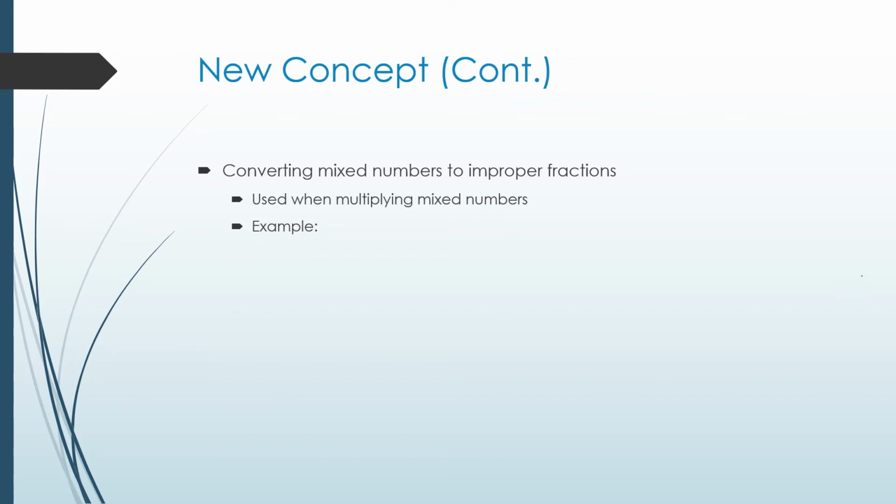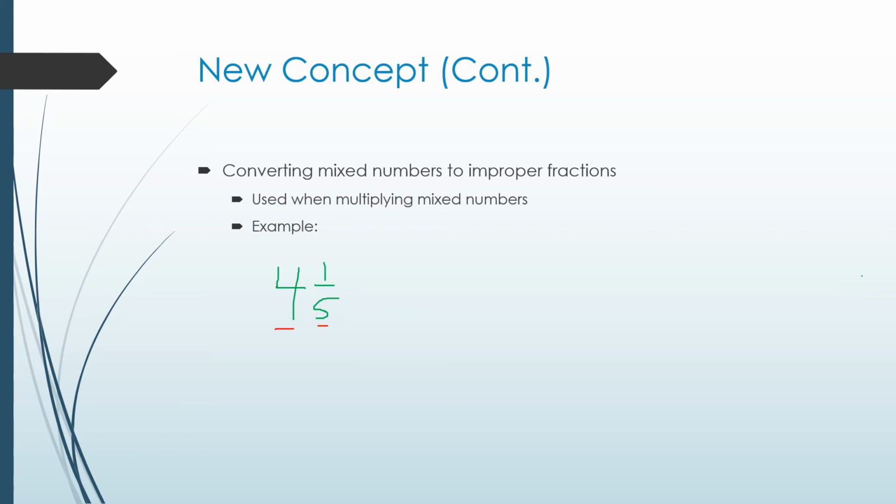So here's an example. If we have, let's do 4 1/5. In order to turn a mixed number back into an improper fraction, we're going to multiply the whole number and the denominator.